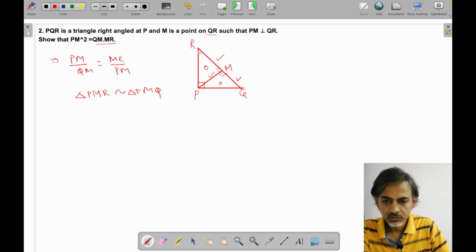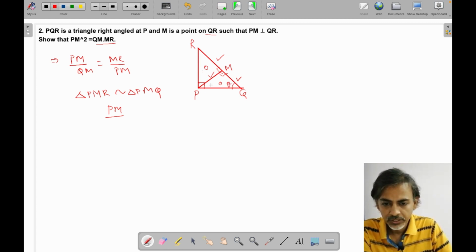PM, which is opposite to this angle R. So PM is to, in this triangle, this PM is opposite to this angle. Now we got to see which side we should be taking as the opposite side, right? So before going there, assume that this is my angle theta. Let's assume this is my angle theta.